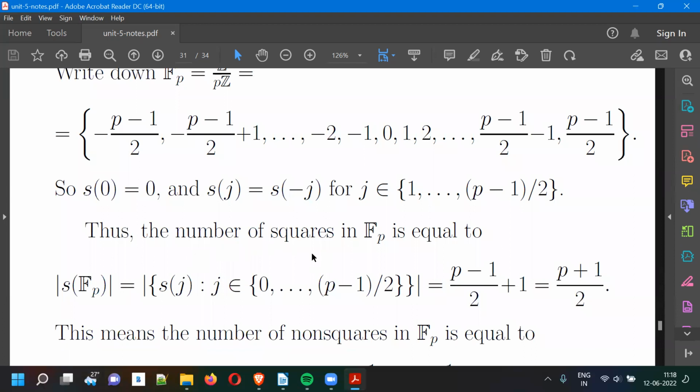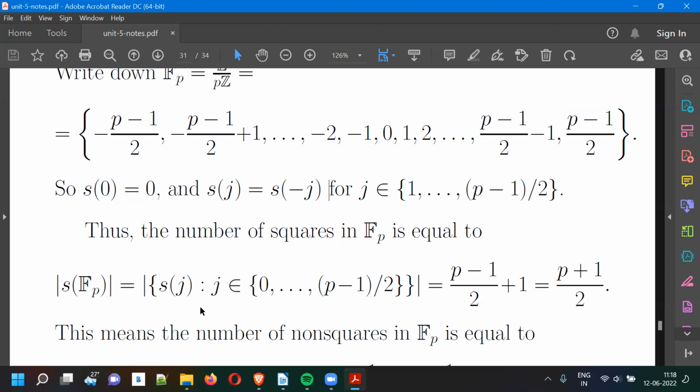Okay. So the number of squares in FP is the image of S under this map, the image of S of FP. But that is equal to the number of elements here, S of 0 and then just S of j for j going from 1 to (P minus 1)/2, because S of minus j I don't need to look at since it is equal to S of j.